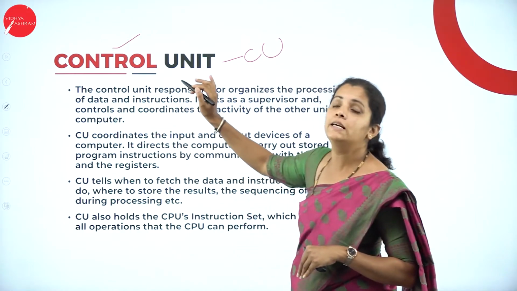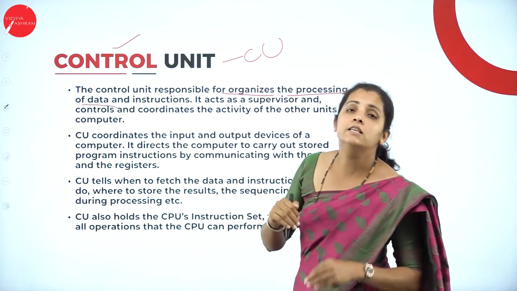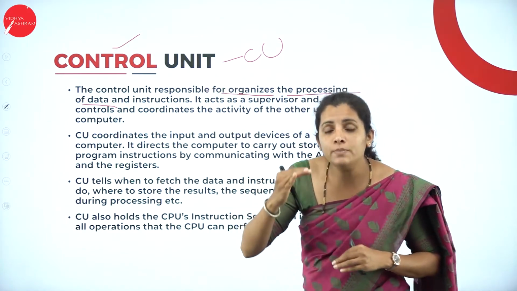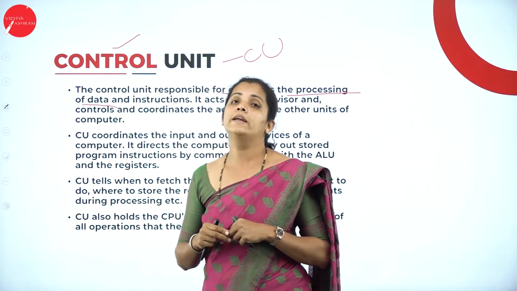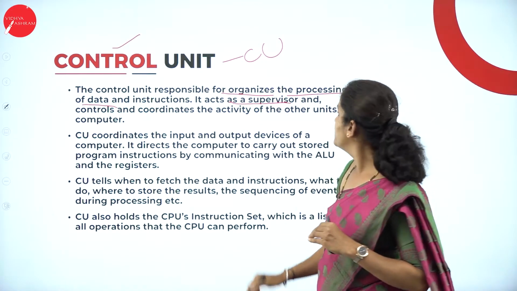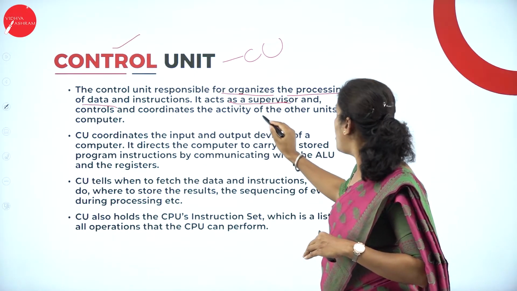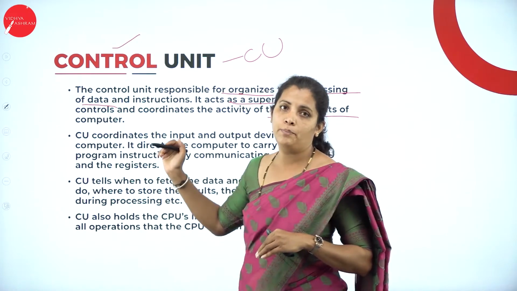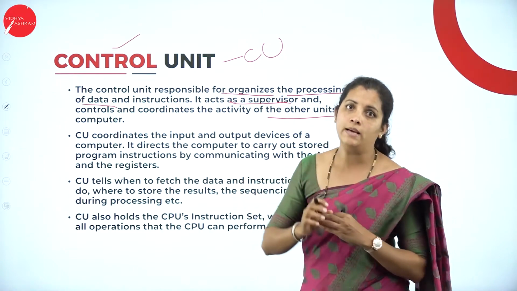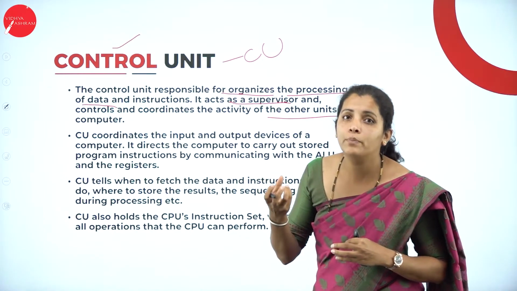The control unit is responsible for organizing the processing of data and instructions. The control unit acts as a supervisor and controls and coordinates all the activities of the other units of the computer. It is going to control and coordinate all the activities of the computer system.